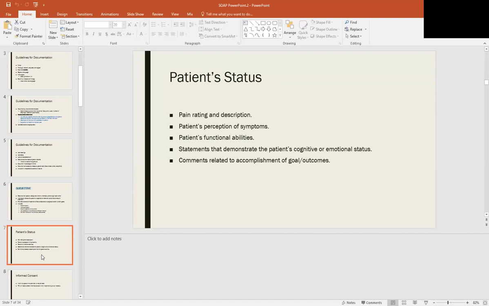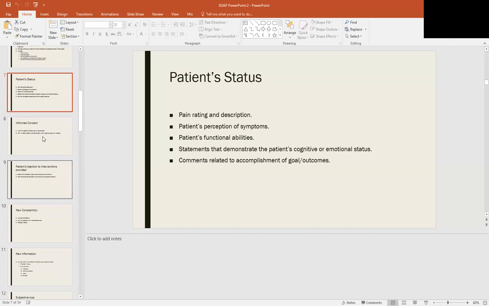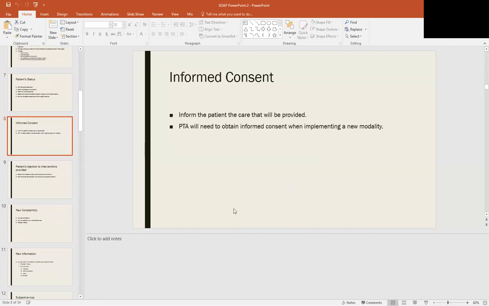That's where you would put their statement in quotation marks, and that way the next PT or PTA to see that patient knows what is going on with that patient. And then the last bullet point, any comments related to the accomplishment of goals or outcomes. So we definitely want to capture those so that we can use that ICF language and show that we are getting our patients better.